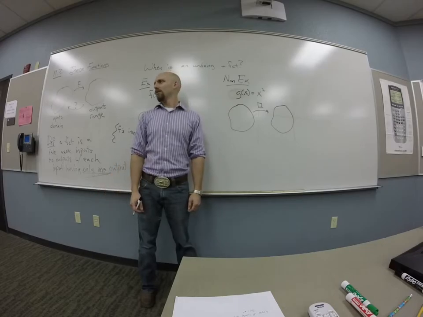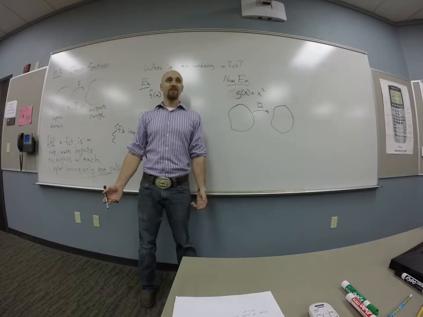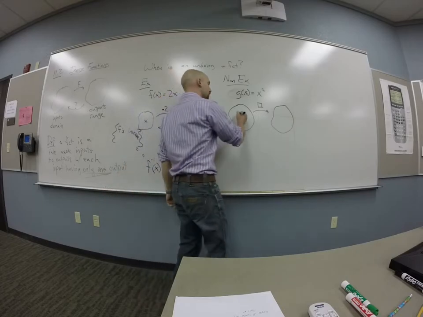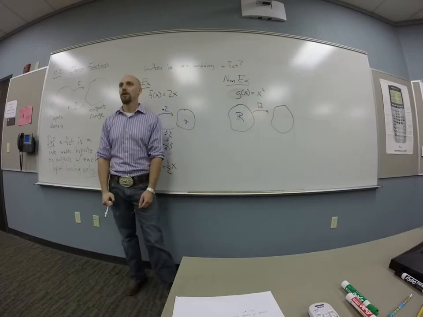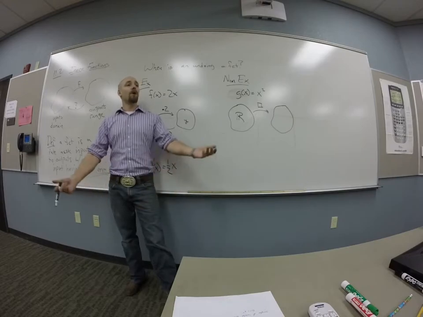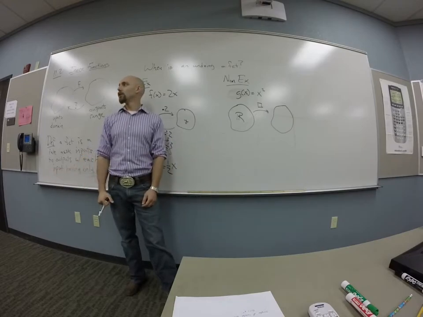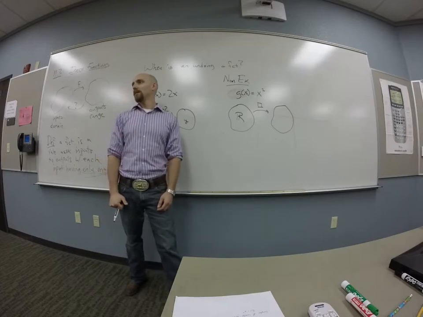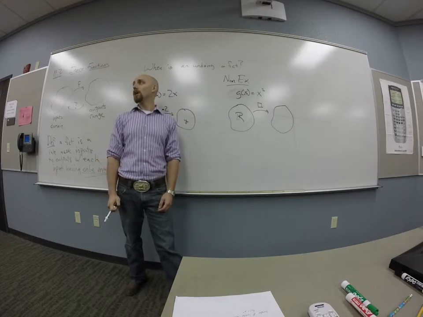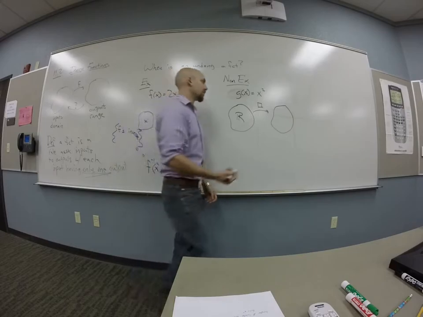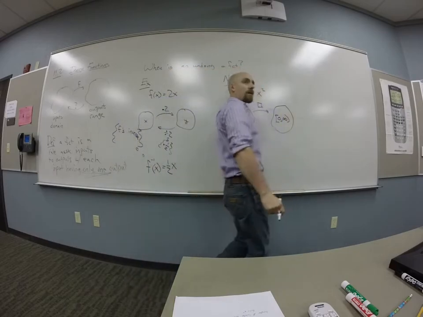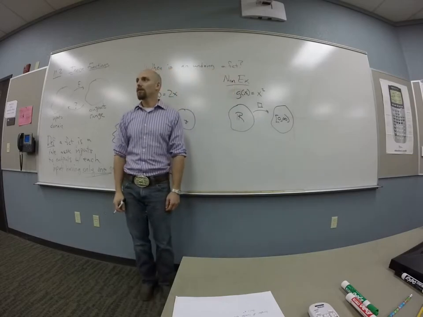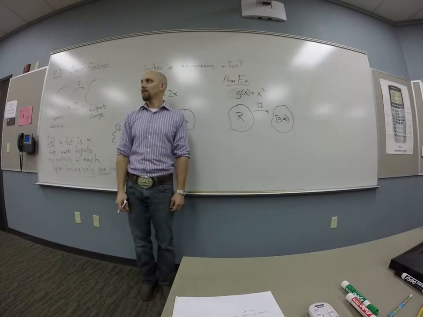Oh, 2, 4, 6. All of them, right? So the domain on this guy is all real numbers. What's the range of the squaring function? It's got to be positive, right? If I square a number, it's going to be positive. So I get the interval from 0 to infinity out, right? You guys see that?